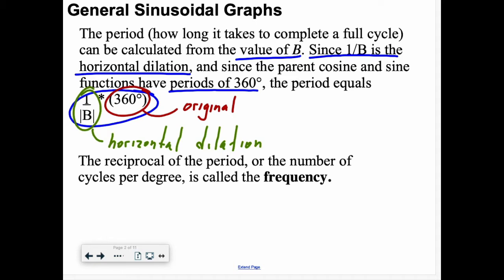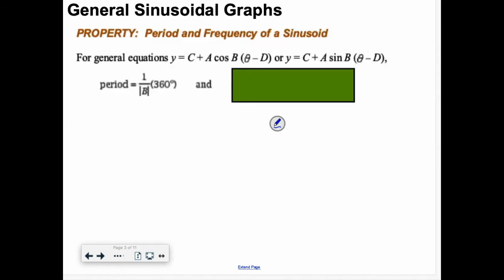Now, the reciprocal of the period, which is the number of cycles per degree, is called the frequency. Now, you can find the frequency given the period, you can find the period given the frequency, and here's how. For instance, we just went over this portion of it. The period is equal to the reciprocal of B times the original.